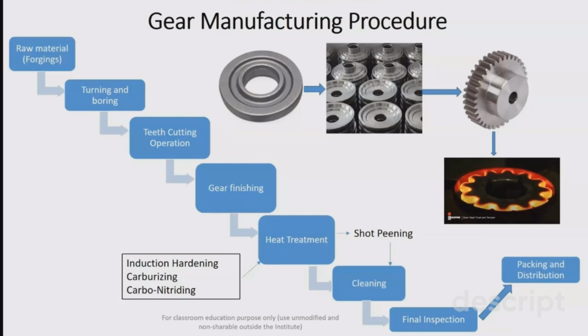And then if some customer feedback comes in that there is some defect and the gear is failing in service conditions, that information is transferred back to the higher management or the design department, and they will look into the problem that is causing the failure of the material. So there is a failure analysis which goes on in every stage of the manufacturing of gears. This is all about the gear manufacturing procedure.